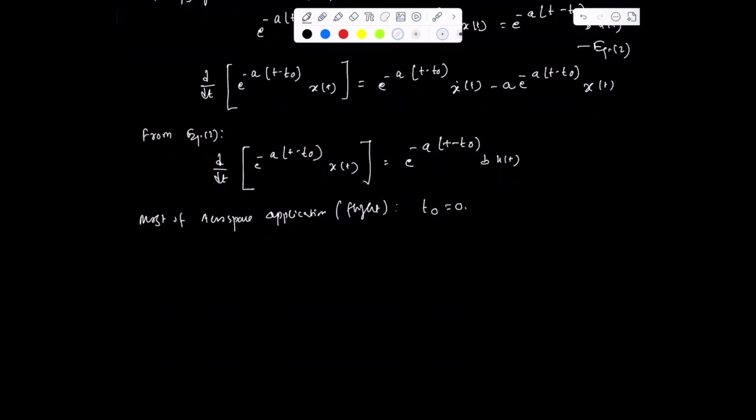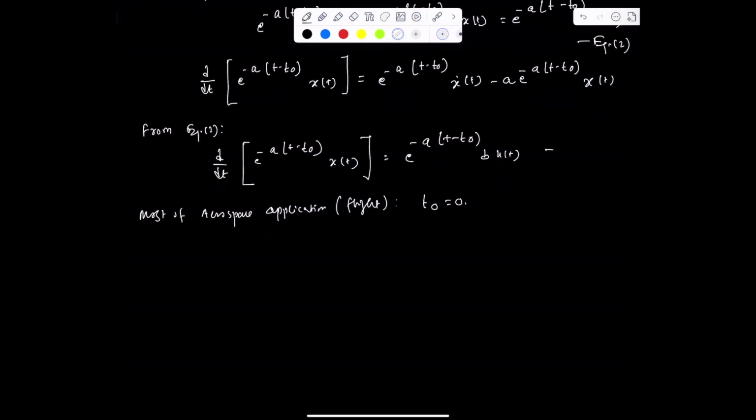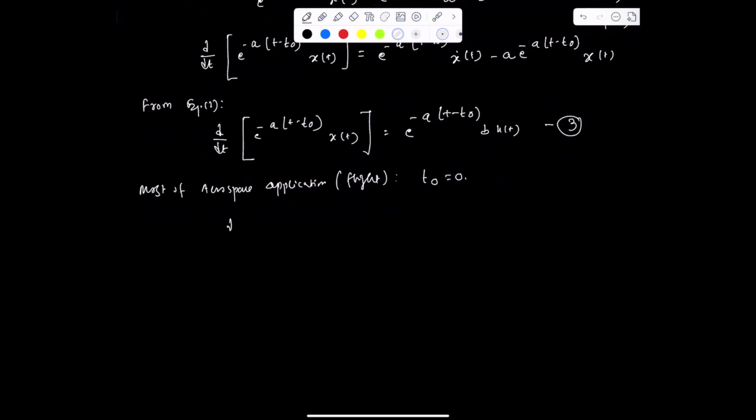So in this particular case, let me define this as equation number 3. Equation 3 gets reduced to d by dt of e to the minus a t x of t equal to e to the power minus a t b u of t. Let us define this as equation number 4.